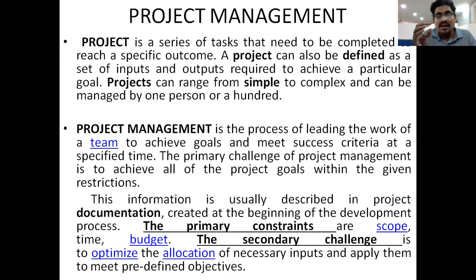And also completion of the project or contract within a specified budget, the allocated amount. These are the primary challenges, the primary goals. To achieve these primary goals, the project should be maintained under proper conditions. That is project management.